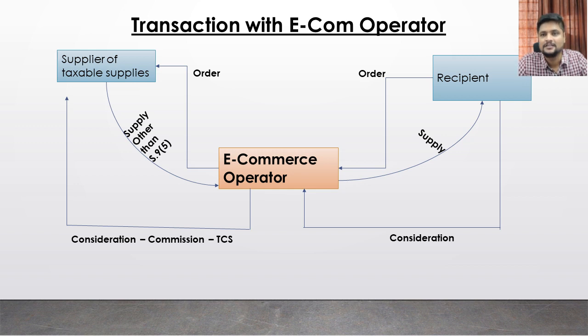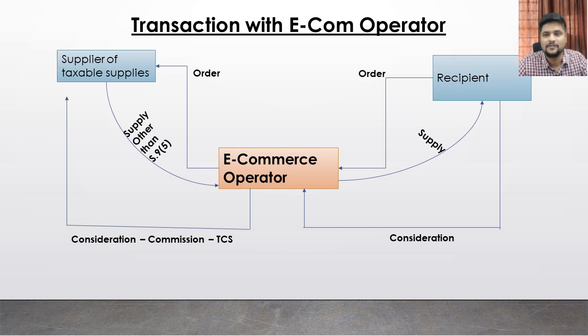We already discussed what e-commerce is and who an electronic commerce operator is. If a supplier supplies goods or services through an electronic commerce operator, then the provisions relating to TCS shall be applicable. Let us first understand the transactions done through an e-commerce operator.